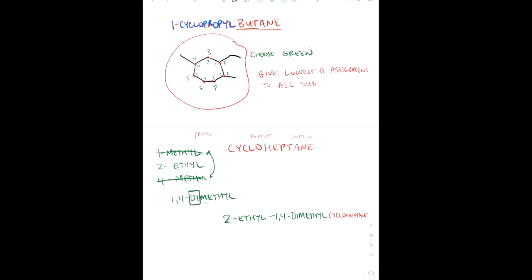So those are pretty much the rules for naming cycloalkanes as well as straight chain or branched alkanes. And so this for sure is going to take some practice, but it's not going to come right away, and I think it's important to remember these rules.